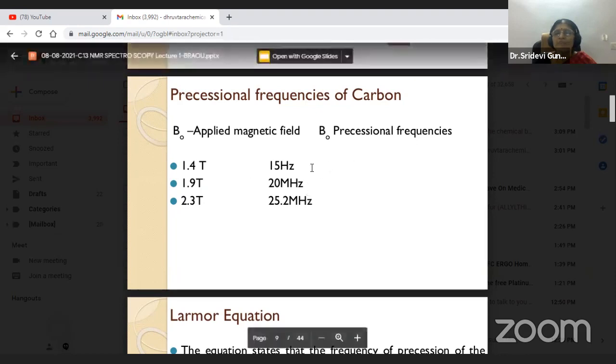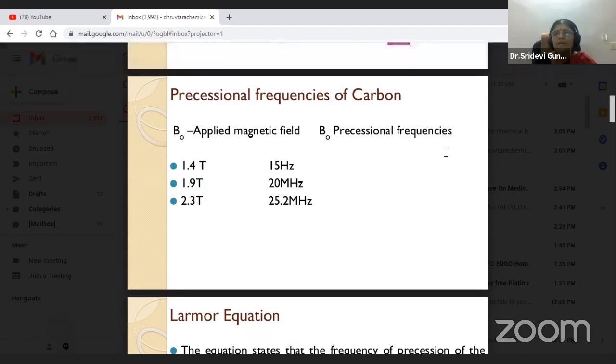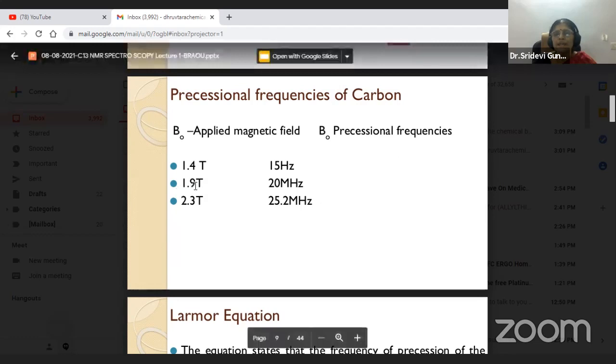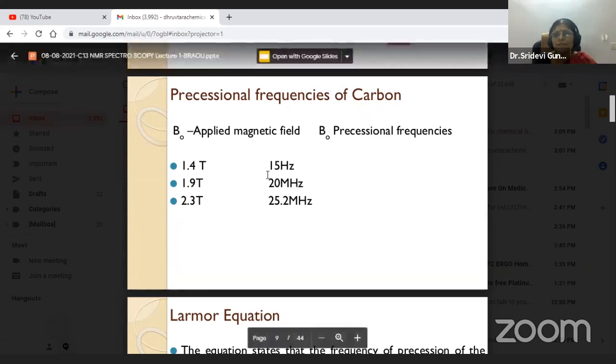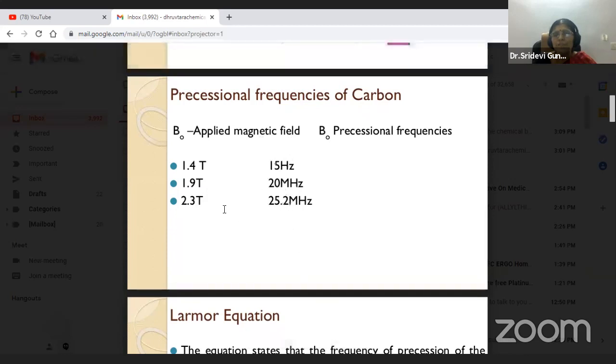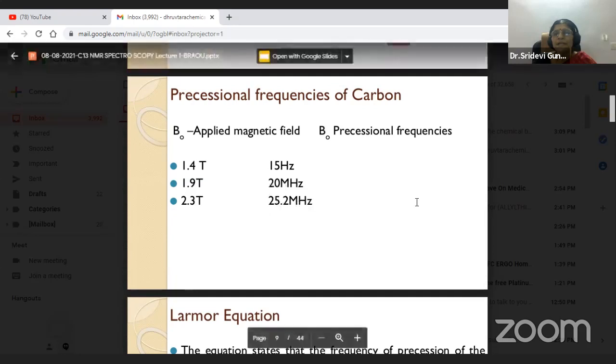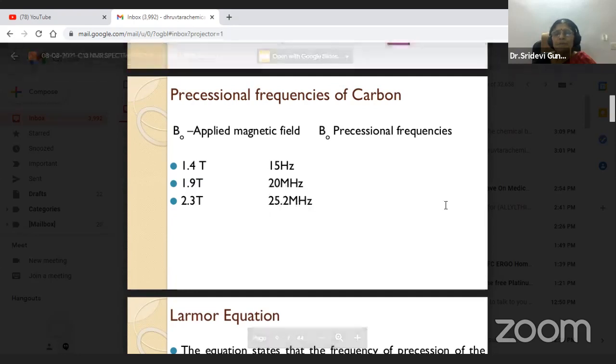See, almost 4 times that of carbon. Similarly, 1.9 Tesla, 20 megahertz for carbon. And 2.3 Tesla, 25.2 megahertz, and this is 100 megahertz for proton.